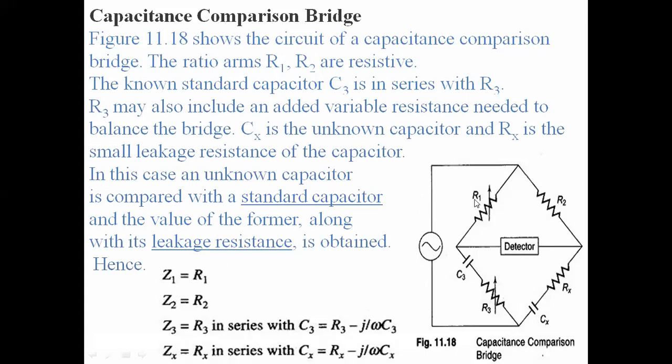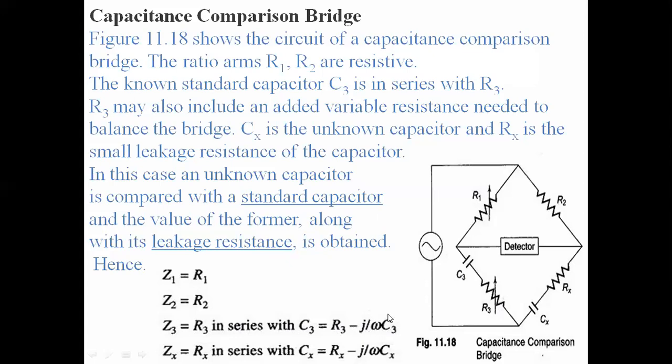In the AC Wheatstone bridge, R1 is Z1, and R2 is Z2. R3 is in series with C3. So then we can get Z3, the impedance of arm 3, as R3 minus j by omega C3.